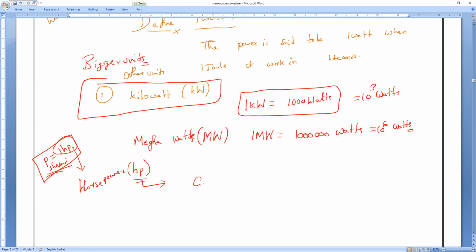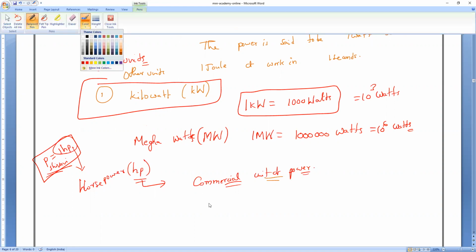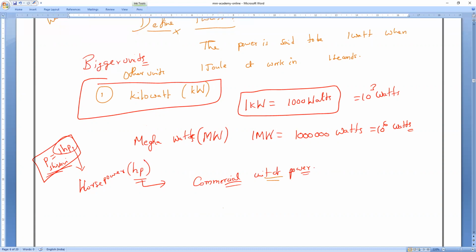This is called the commercial unit of power, the unit which is very familiar to us in daily life. What is the commercial unit of power, everyone? Horsepower.